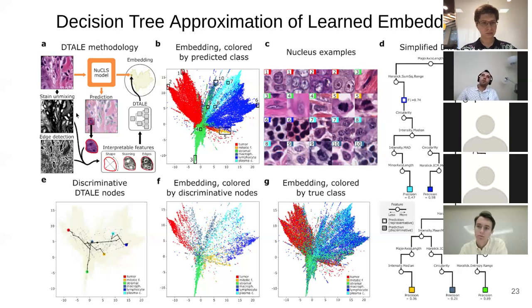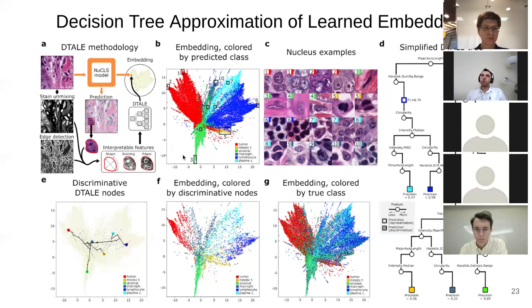And what we came up with is a really simple scheme, where we fit a decision tree, but instead of having our decision tree fit to the truth, we have the decision tree fit to the prediction. So we use a regression tree, we fit it to the embedding. So this is why it's called learned embedding.